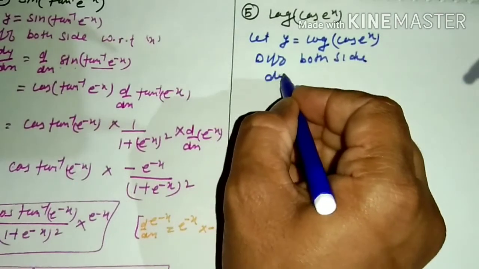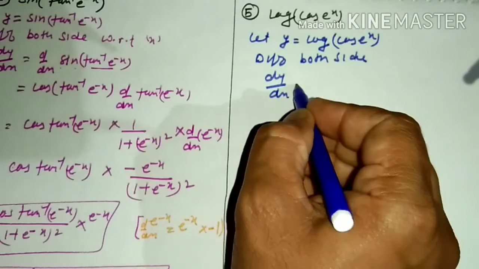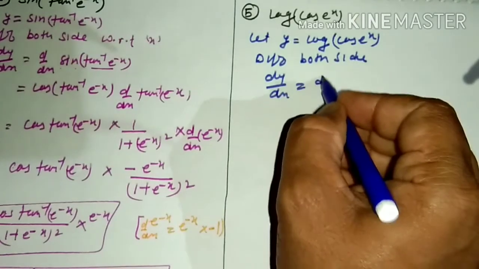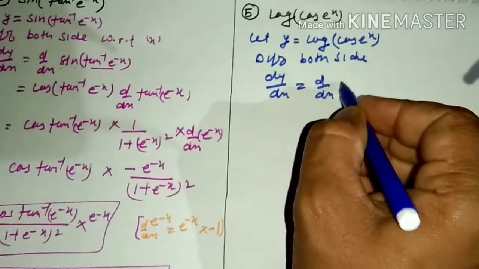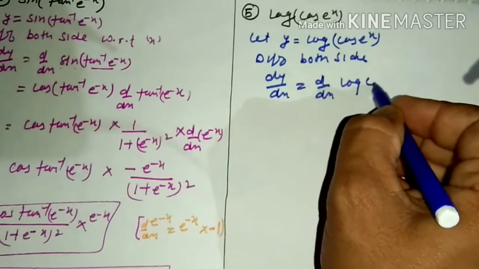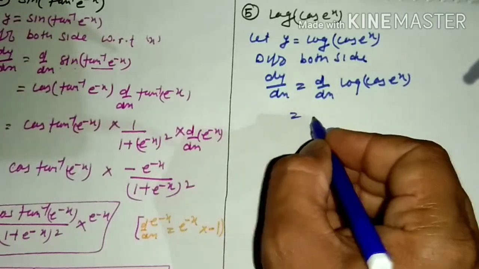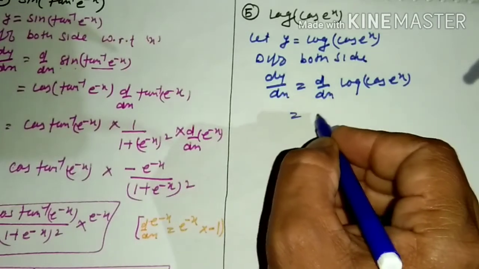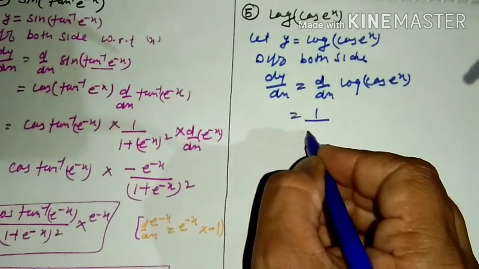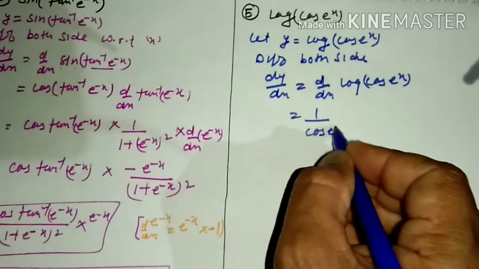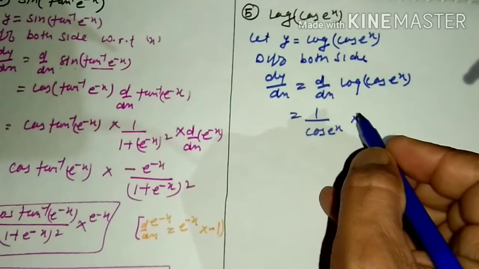So dy upon dx is equal to dy upon dx of log cos e to the power x. log का डिफ्रेंशिएशन हमने पढ़ा है 1 upon cos e to the power x. Clear? We know that.